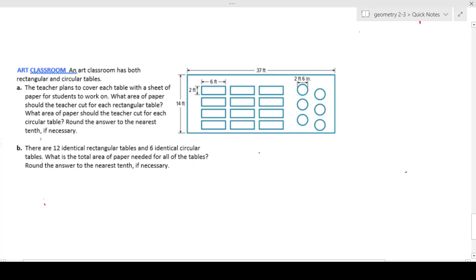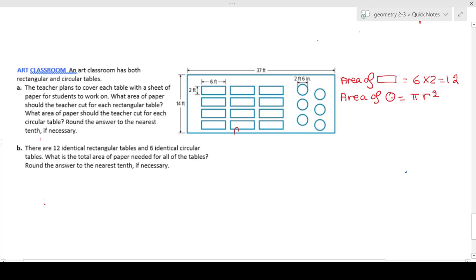So first we want to find the area of the rectangular table. Here we have the rectangle. It has 6 feet by 2. That is equal 6 by 2. And this is equal to 12. Then we want to find the area of the circle, which is equal to pi r squared. We need to find the r.